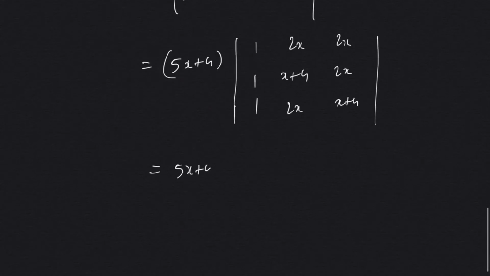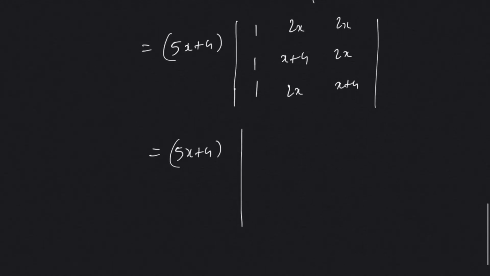So again, proceeding further, what I will do is maybe row 2, that's up to us what we can do. We can think of maybe column 1.